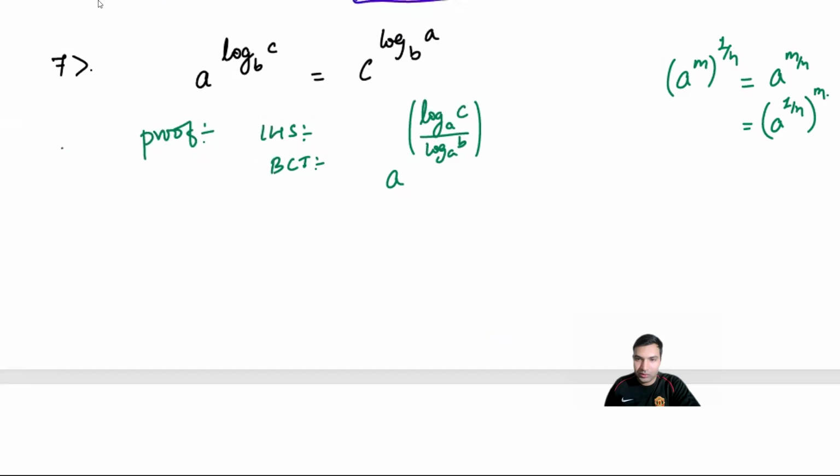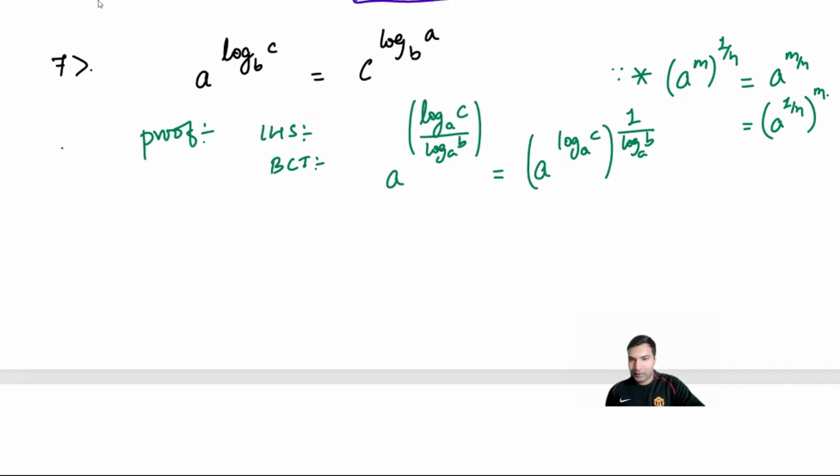Applying the same logic over here, I could actually write this thing as log of c to the base a, let this be as it is, whole thing to the power 1 over log b to the base a, isn't it?